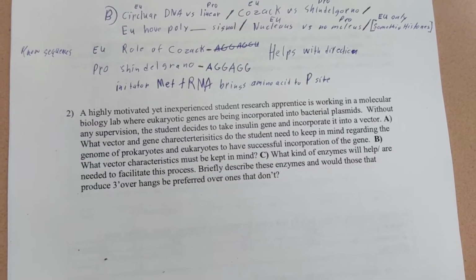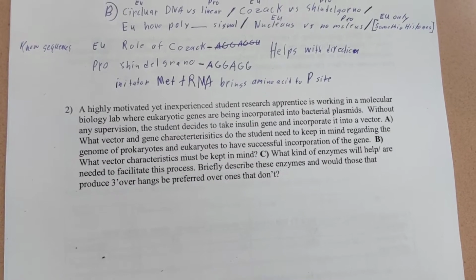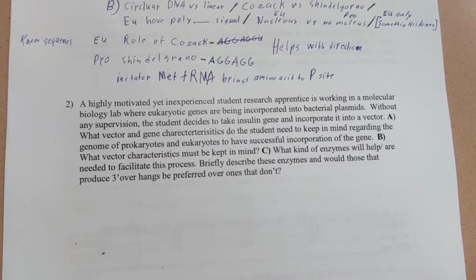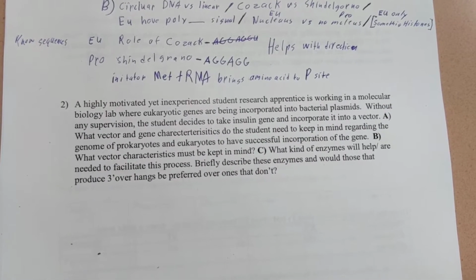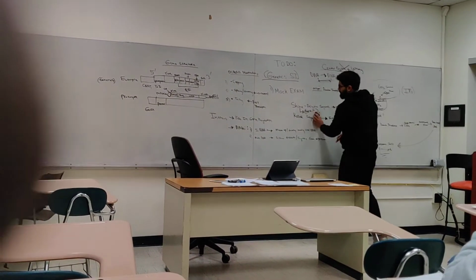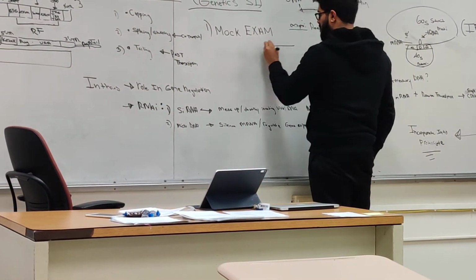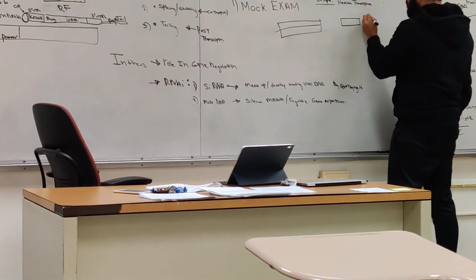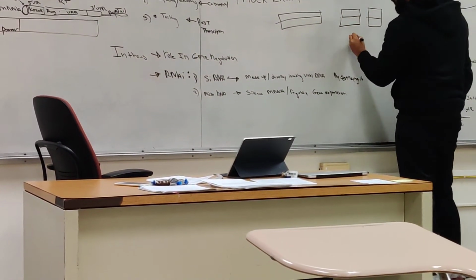Would you prefer restriction enzymes that form sticky ends or blunt ends? And why? Do you remember what sticky ends are versus blunt ends? Sticky ends have an overhang, so they have a 3' overhang, right? Say this is double-stranded DNA. The restriction enzyme can end up doing this, or it can end up doing this.